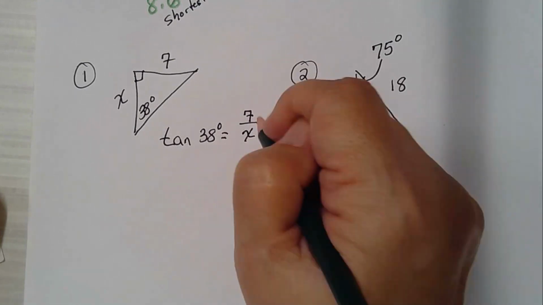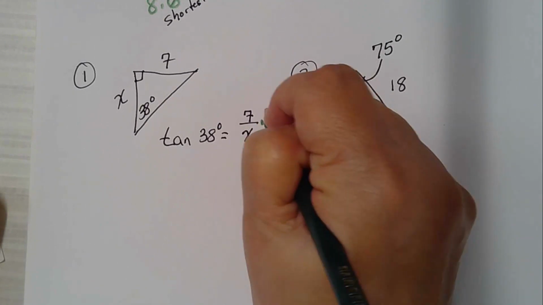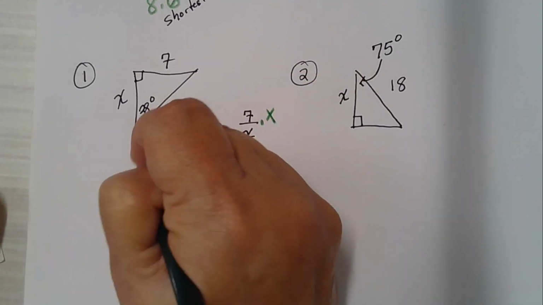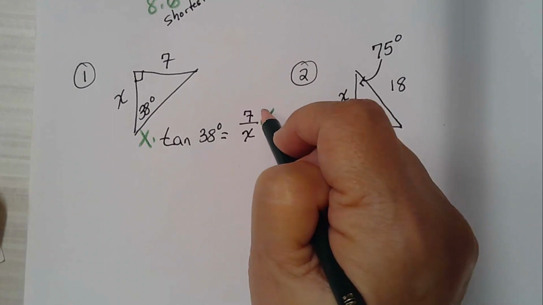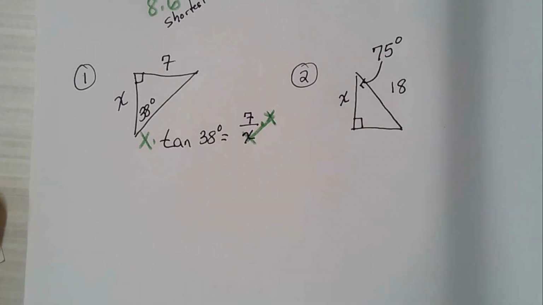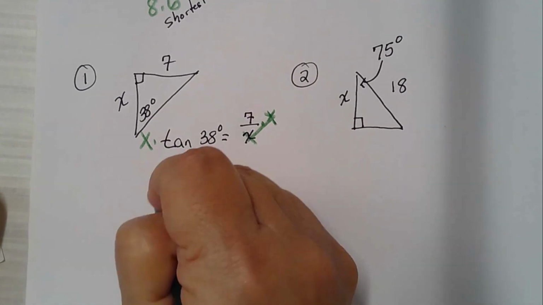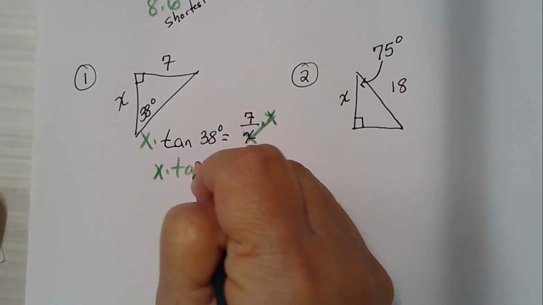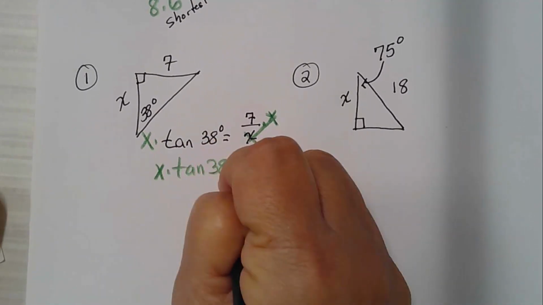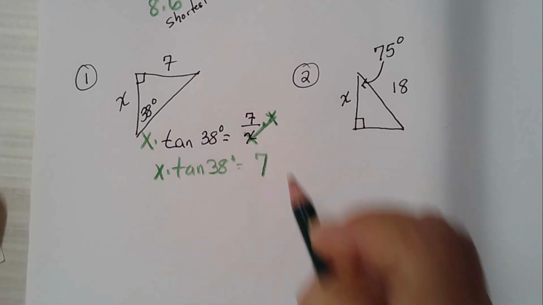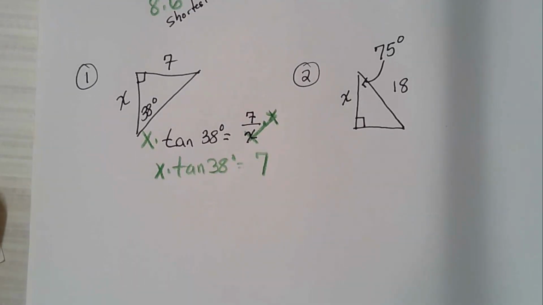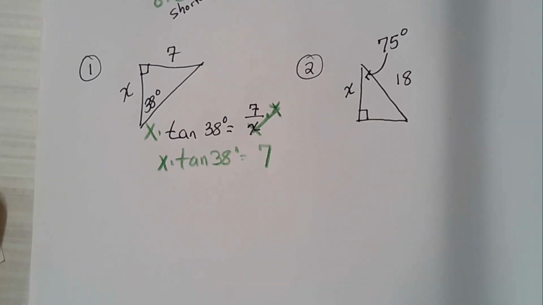So what happens is you multiply each side by x, which frees the x from the denominator because x divided by x is 1. You now have x times tangent of 38 degrees is equal to 7. Your task now is to get this x by itself.